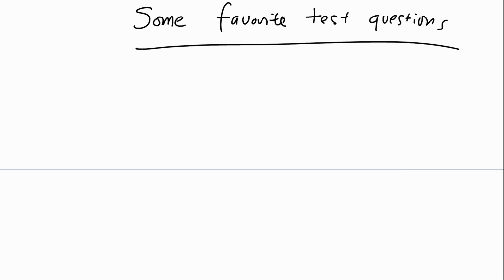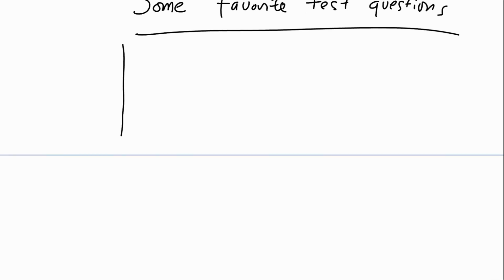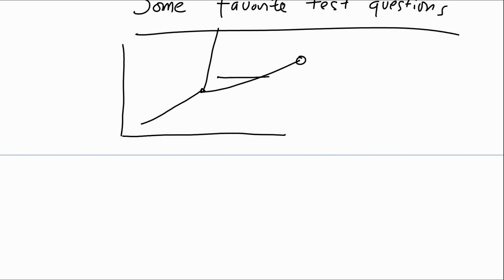So this is the kind of thing I like to ask on an exam. Let me draw my picture here. Remember, this is the T-axis and this is the P-axis. Here's solid, liquid, gas.